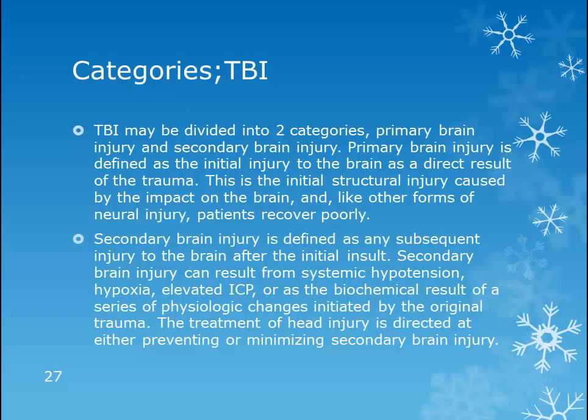Secondary brain injury is defined as any subsequent injury to the brain after the initial insult. Secondary brain injury can result from systemic hypotension, hypoxia, elevated intracranial pressure, or as the biochemical result of a series of physiologic changes initiated by the original trauma. The treatment of head injury is directed at either preventing or minimizing secondary brain injury.